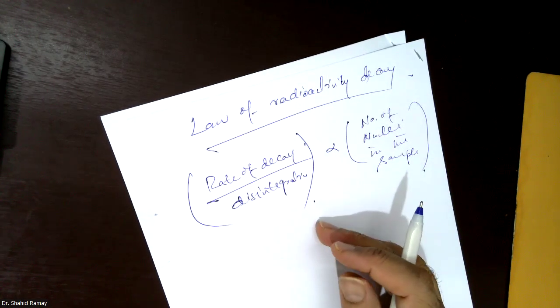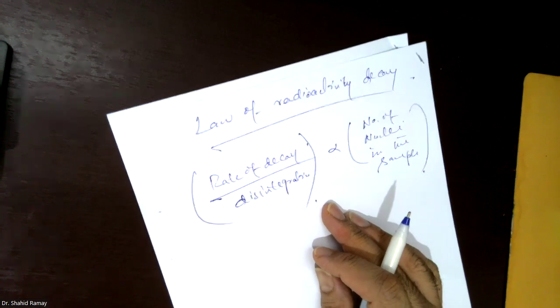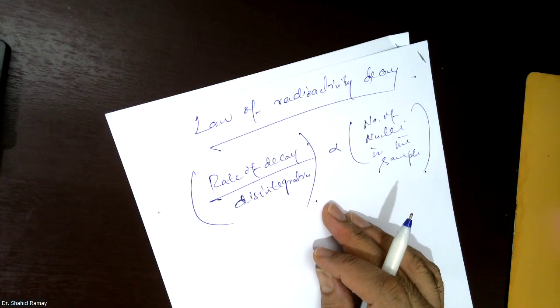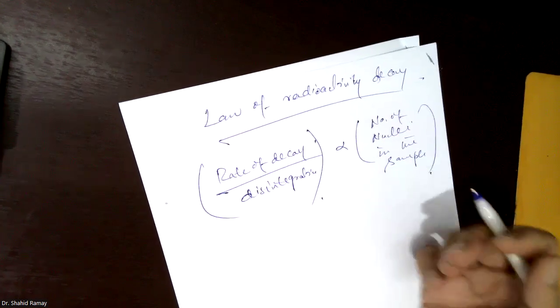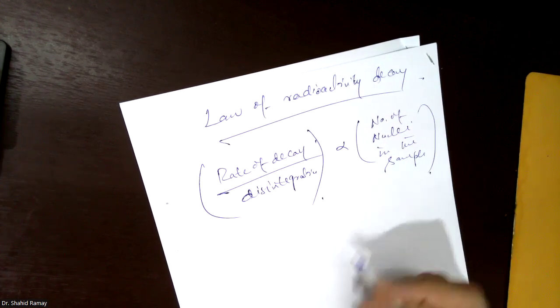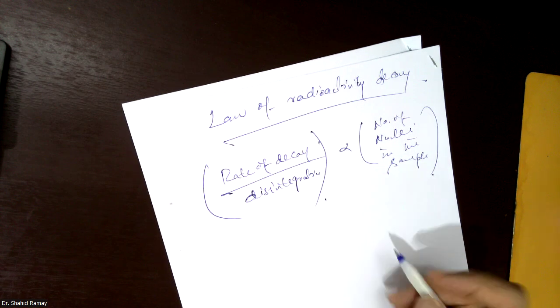So the rate of decay: we suppose that in time delta T, delta N nuclei are decaying. Then what will the rate of decay be? It is a decay, so that's why we put the negative sign.